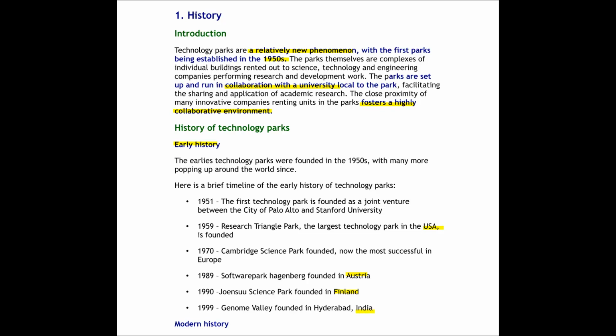But from this, we can see that technology parks aren't just an isolated phenomenon that only happen in, say, North America or in Europe. The success of technology parks has been repeated in a variety of contexts. Different cultures, different economies, completely different countries. And so this indicates that the technology park as a general business model is quite a reliable one.